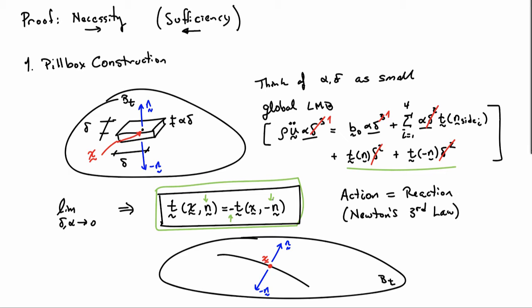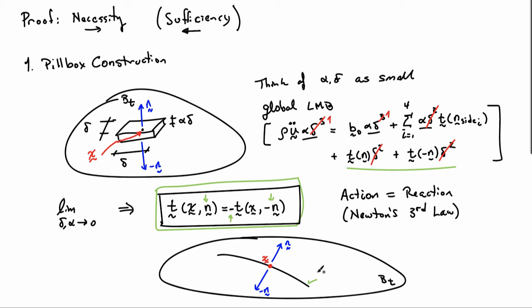Just drawing this out pictorially, we can consider our point little x and draw a surface through it. So here's my surface. And we can look at this surface here from 2 sides. So one side will have normal n, and the other side will have normal minus n. So it's like making a section cut through the point x.